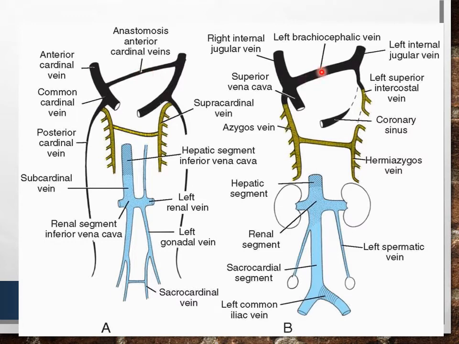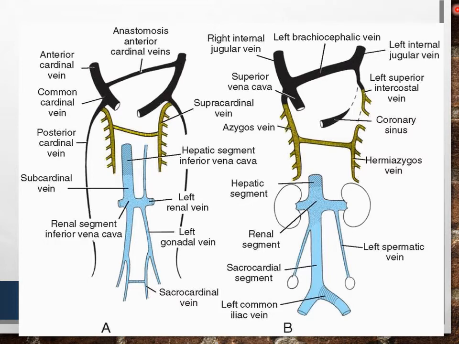This is going to form the left brachiocephalic vein, the channel between the right and left anterior cardinal veins. With the establishment of this anastomotic channel, and further development of the supracardinal, subcardinal and sacrocardinal veins, there is the development of the inferior vena cava. They are also helping in the formation of that big channel in the human body, the inferior vena cava.